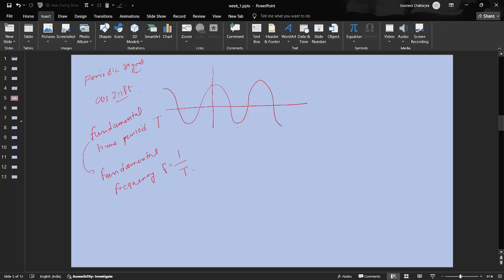So basically this signal is repeating over time, and what is the basic time here? Over this time period, this function is unique, and once you go beyond that, it just keeps on repeating.